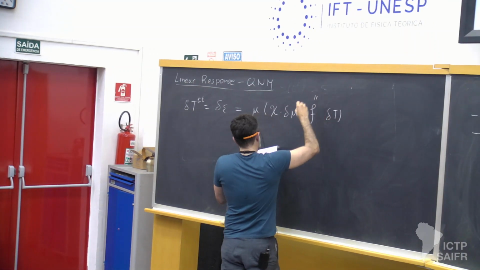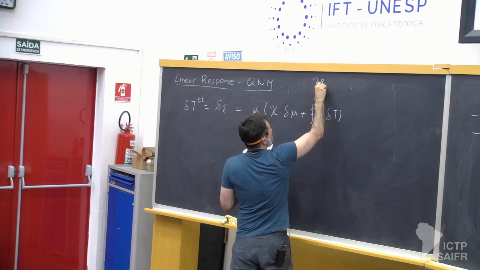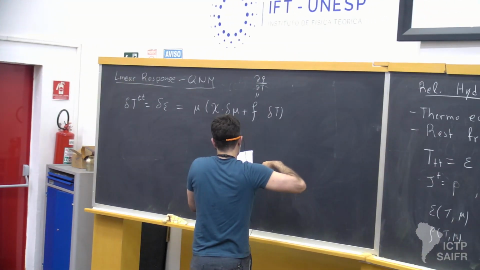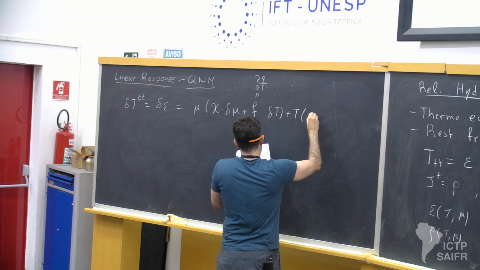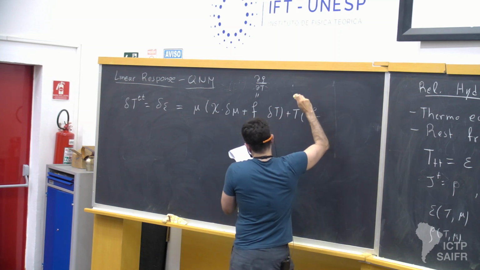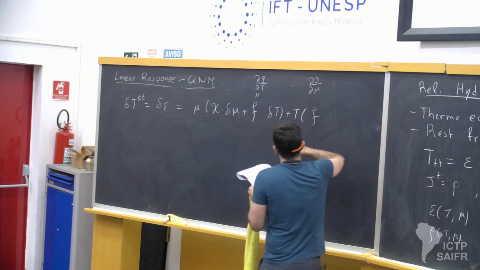So this susceptibility psi is basically the derivative of the charge density with respect to temperature, plus the temperature times the same susceptibility psi, and this is coming from the derivative of the entropy density with respect to the chemical potential.